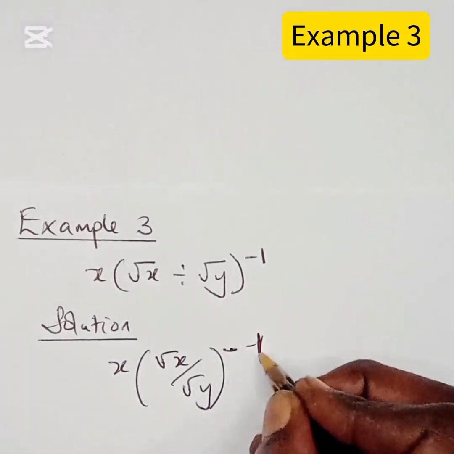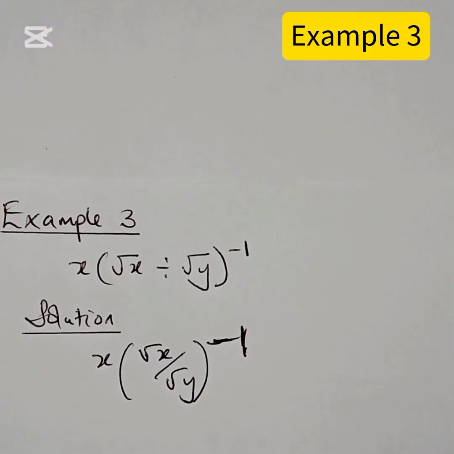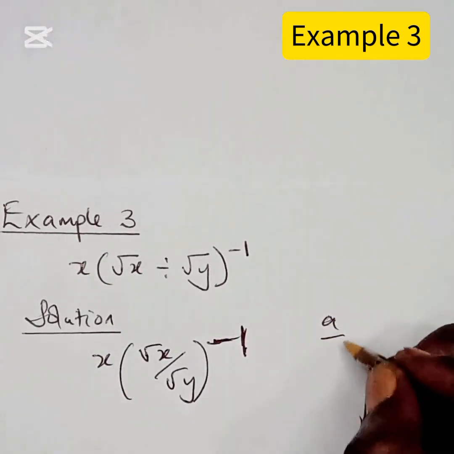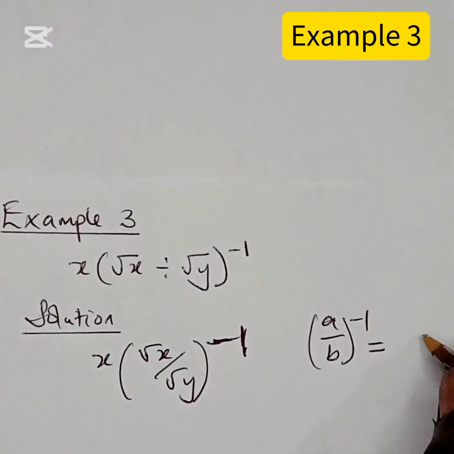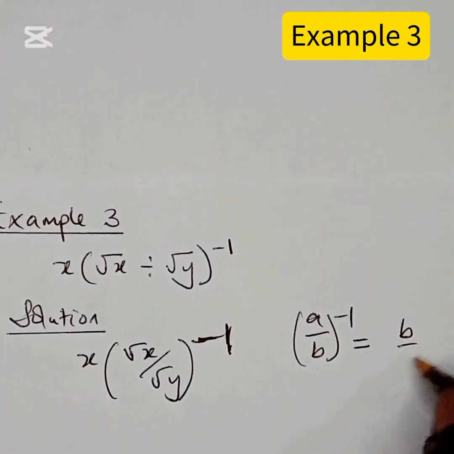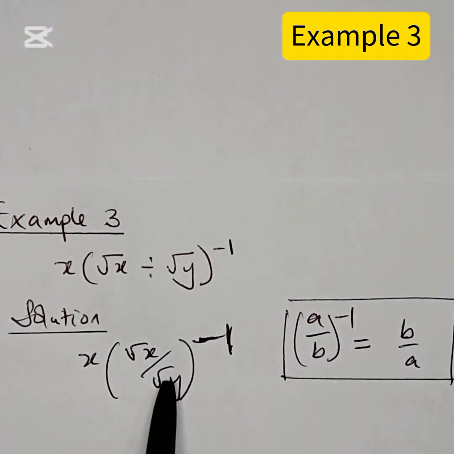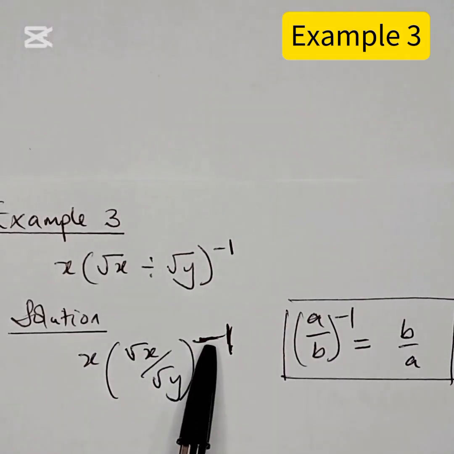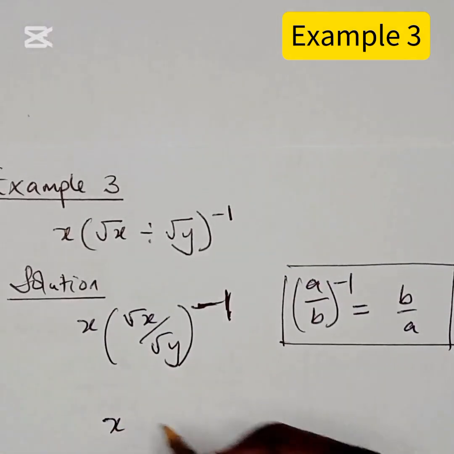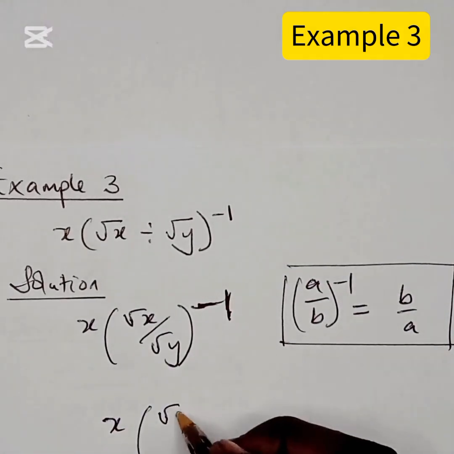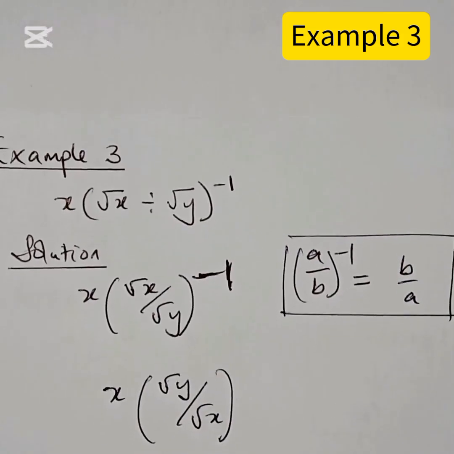And you know we have this law of exponents that says a over b to the power minus 1 is equivalent to b over a. So we are going to use that law on this part, because we've got a minus 1 on that. So we're going to say this is equal to x root y divided by root x. I just flipped it.